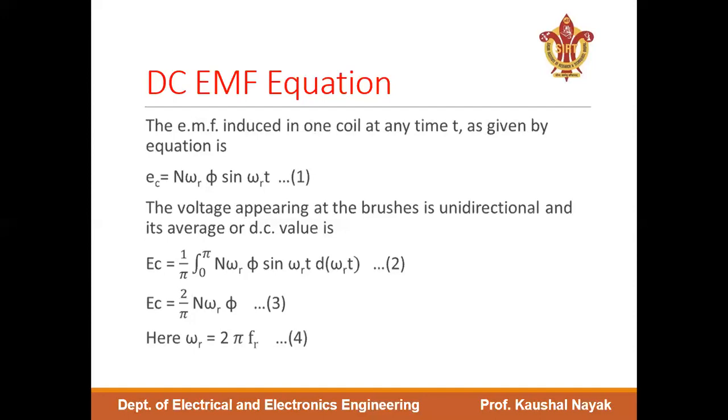The EMF per coil, the DC EMF produced, is represented by Ec equal to 2 upon pi N omega r phi.